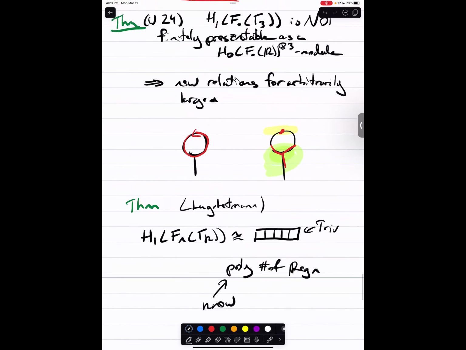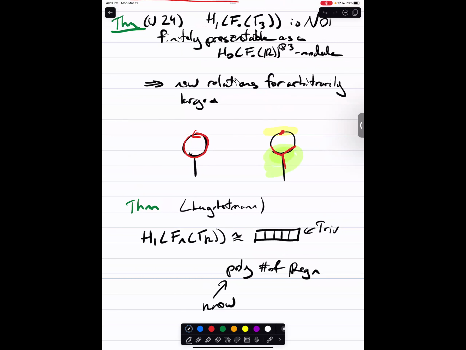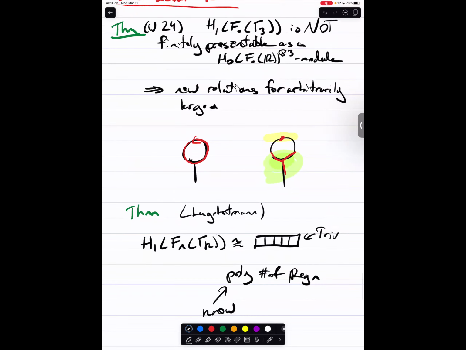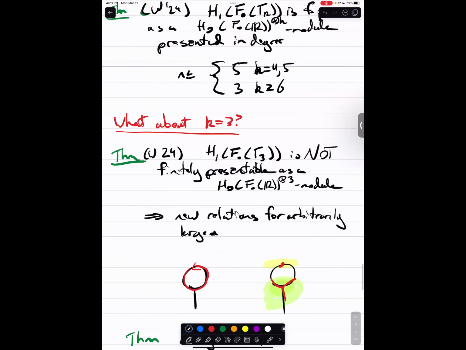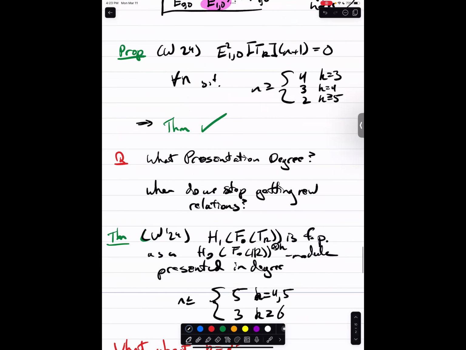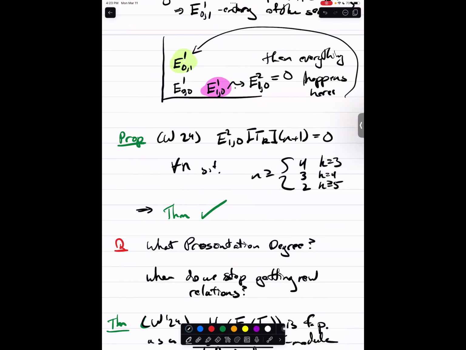So my result is strictly weaker than this result, in that we don't actually get this nice formula for the number of representations. We do get an upper bound, and in proving this and looking at the spectral sequence over here, you actually get pictures for all of the generators and all of the relations if you're willing to stare at them long enough.